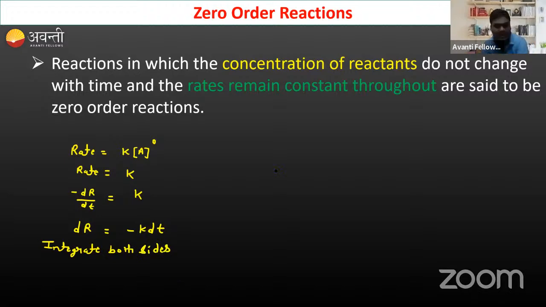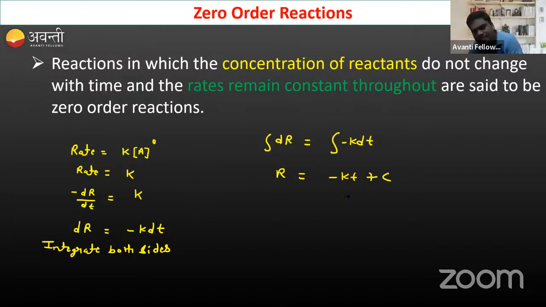So integrate both sides. What do we get? Integration of dR is R, and integration of minus k dt is minus kt plus an integrating constant C. So R equals minus kt plus C. We have to find the value of C by using a boundary condition.